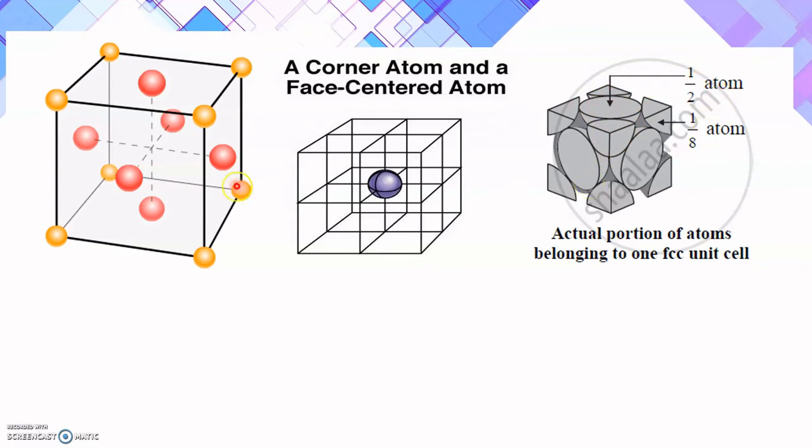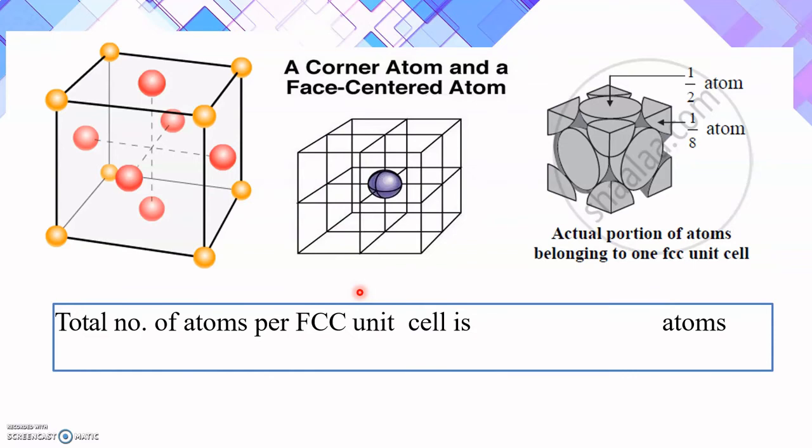Since there are 6 faces and hence 6 atoms at the face centers, the total contribution of face center atoms is equal to 6 into 1/2, that is equal to 3. Therefore, the total number of atoms per a face-centered cubic unit cell is 1 plus 3, that is equal to 4 atoms.